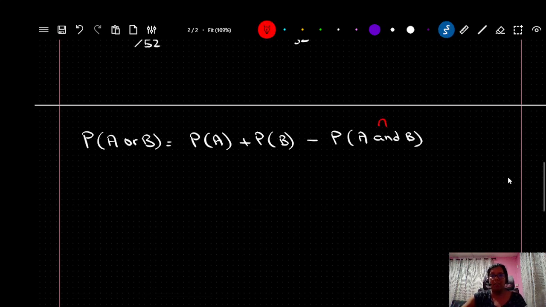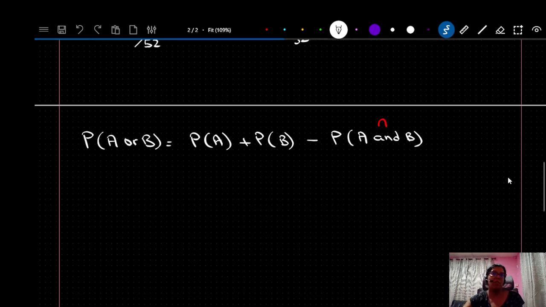This is how we will get the correct answer if we want to calculate the probability of having a queen or a heart, because in a deck of cards, we have to remove that card having the queen and the heart so that we have the correct probability of queen or heart.